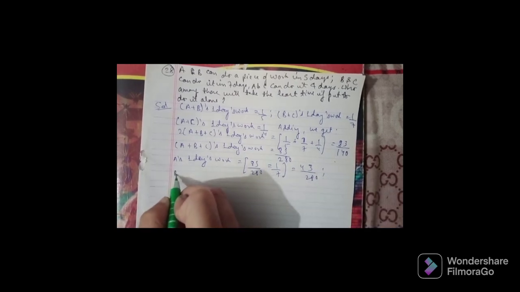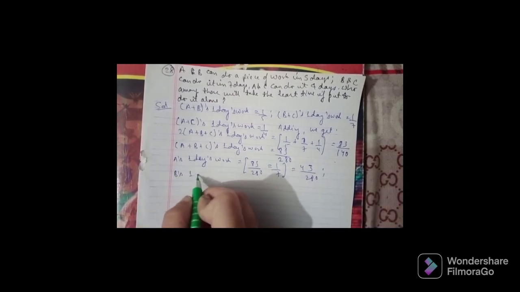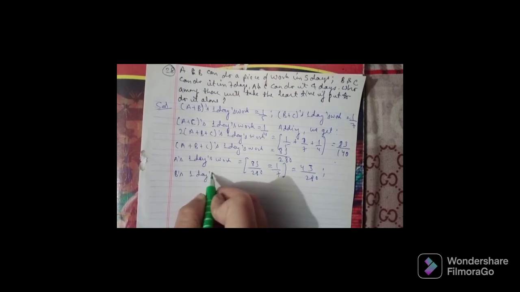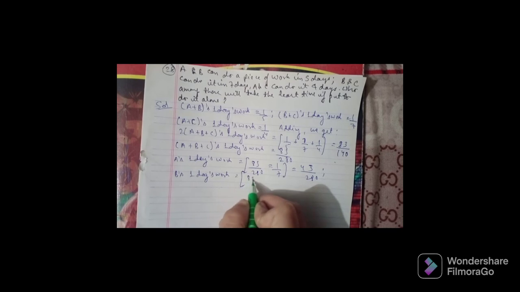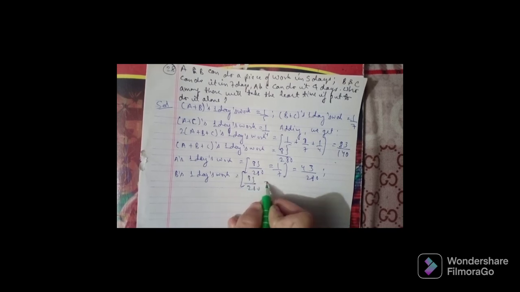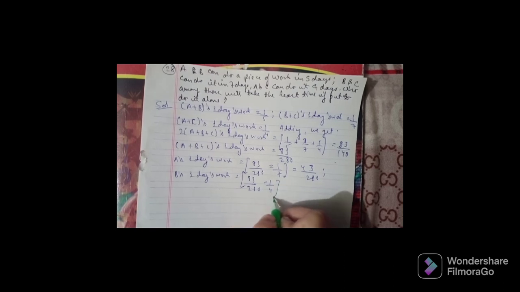B's 1 day's work equals 83 upon 280 minus 1 by 4, which equals 13 upon 280.